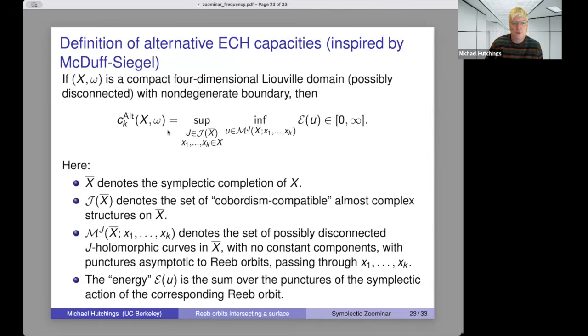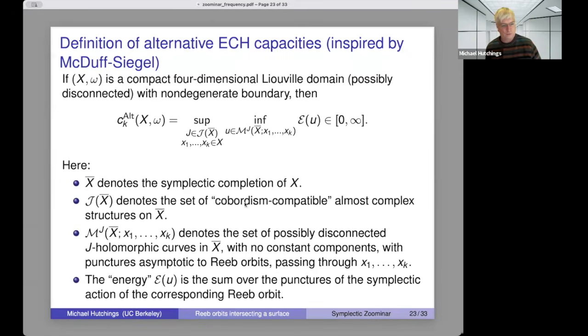So you look at X bar, a symplectic completion of X. So you take the boundary of X and you attach a half infinite cylinder across the boundary of X. And J of X bar, these are almost complex structures which are compatible with the symplectic and contact structures. It's sort of standard conditions on the almost complex structure, which I won't write down. Okay, so I lied. It doesn't quite all fit on this page because I omitted a couple of things.